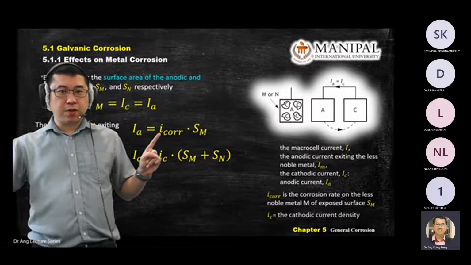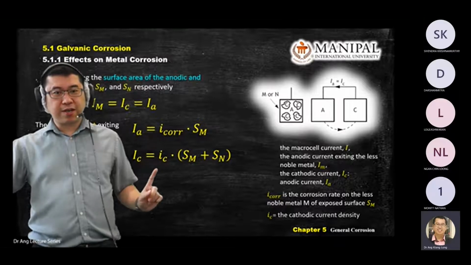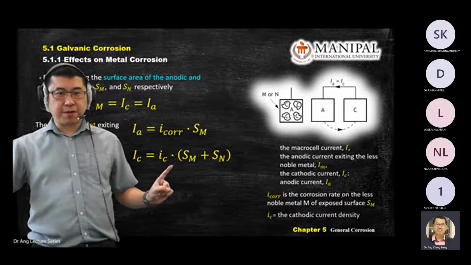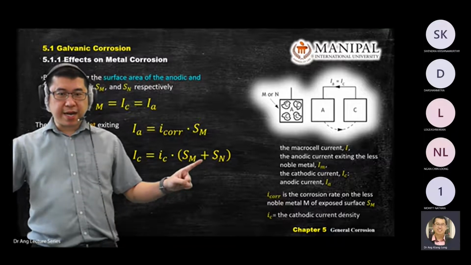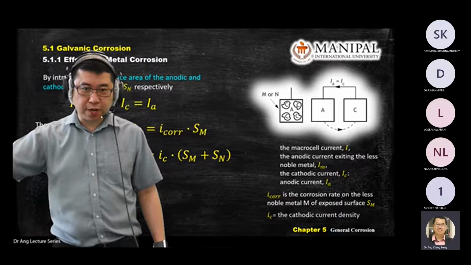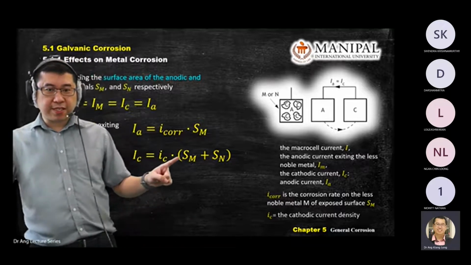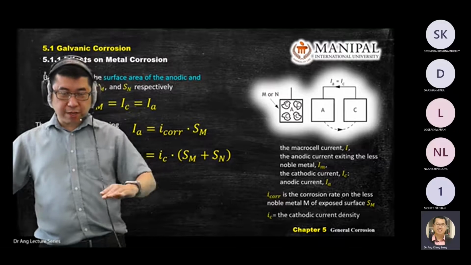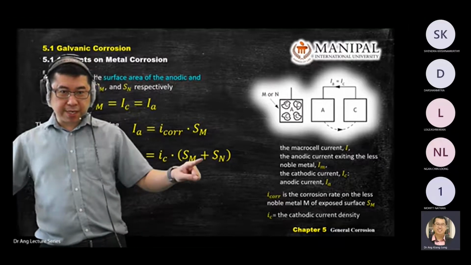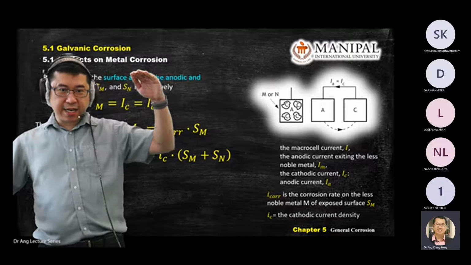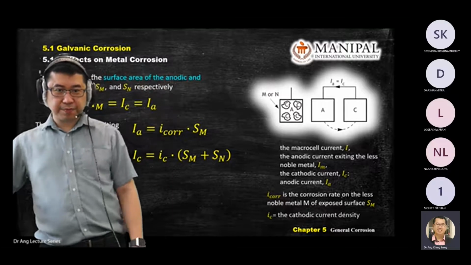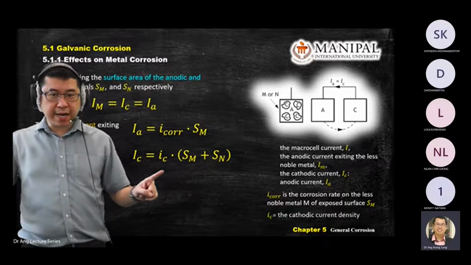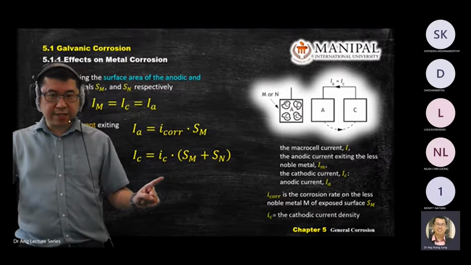So one is corrosion rate, one is current density. This is i C multiplied by the total surface you have: the total surface S M, the less noble metal surface, plus the higher noble surface, combined, multiplied by the current density.